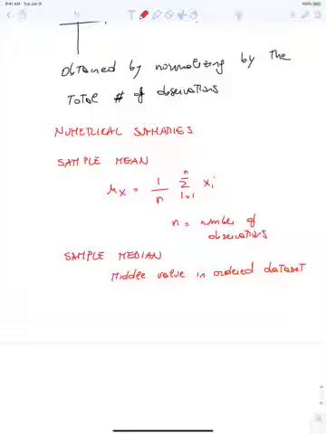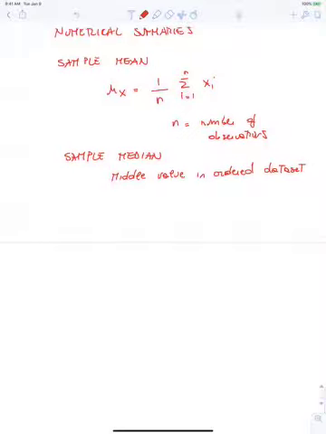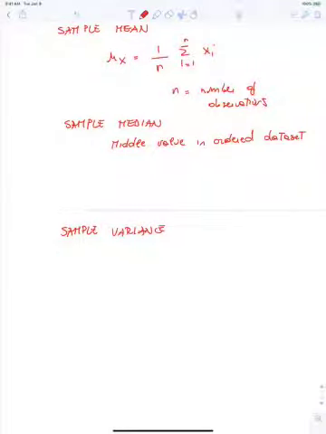The sample mode is really poorly defined because it depends on the bin size. So we're not going to do that. We also have the sample variance. Now, for the sample variance, we generally use the letter S because it means that it's estimated from a data set.